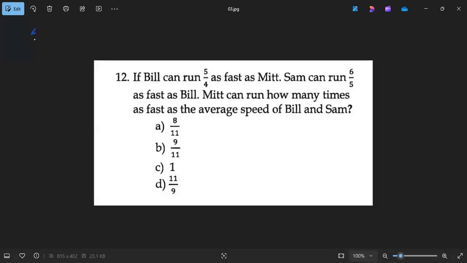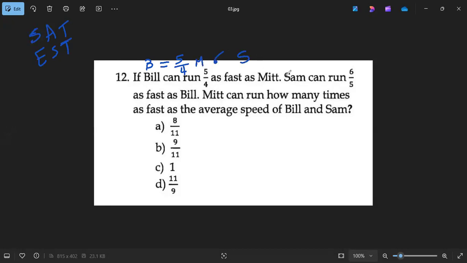Also, this is an SAT question and an EAST question as well. Talk about Bell: B can run how fast, in proportion or ratio? 5 quarters of M. This is the first part.